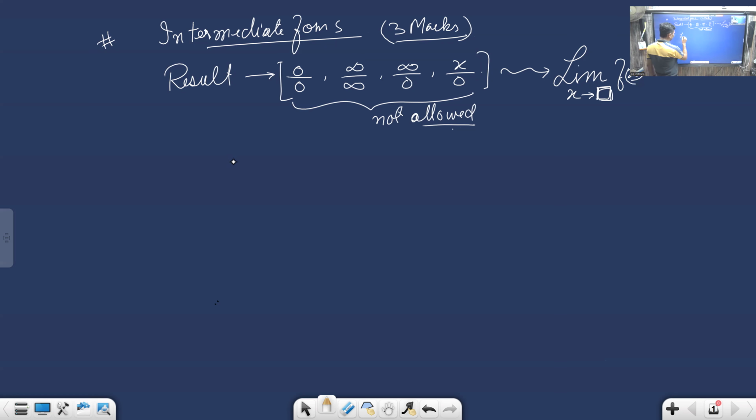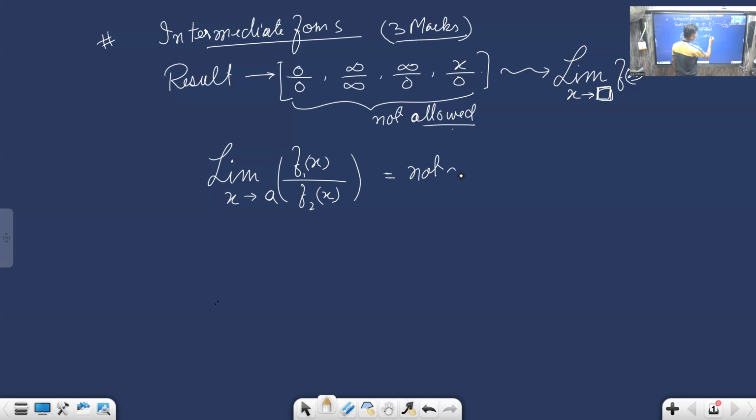if you have any function, suppose x tends to any value a, and f of x, which लिखा हुआ है f1 upon f2, and you put the data over there, and you get the above case, right? So you get not defined. So what we do?